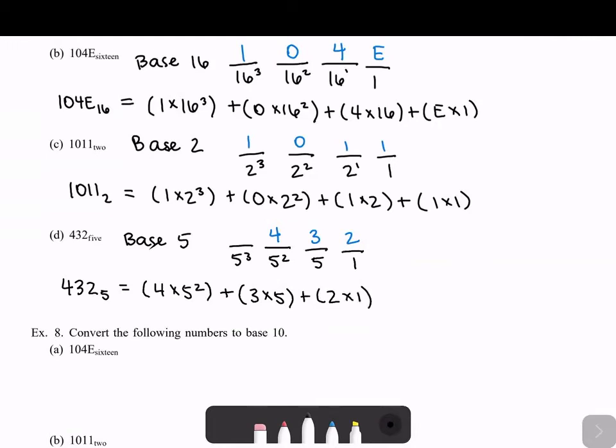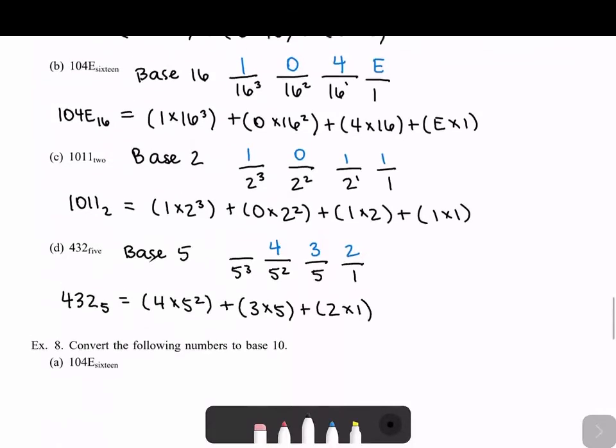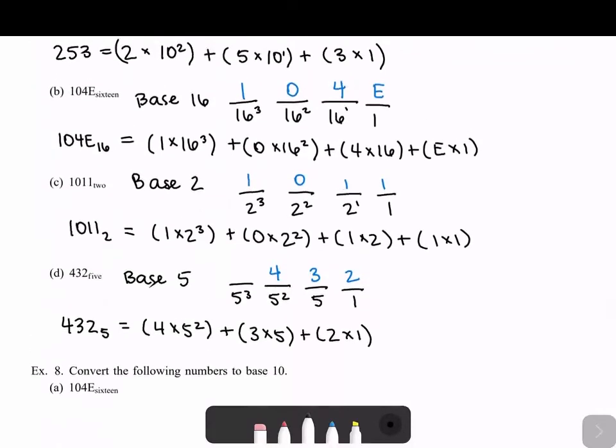Okay, so we can write out these expanded forms, and this is really helpful if we're trying to convert things between different bases, because now we know exactly what this number actually represents, right? We know the value. So once we convert this to this expanded form, it's a lot easier to calculate the value of what number these numerals actually represent.